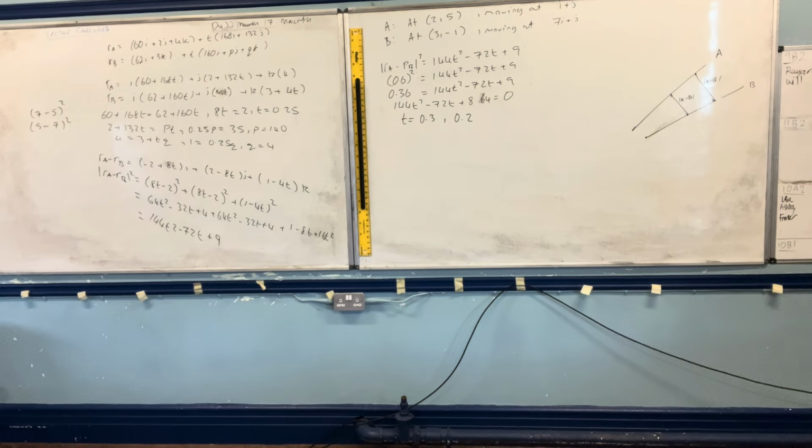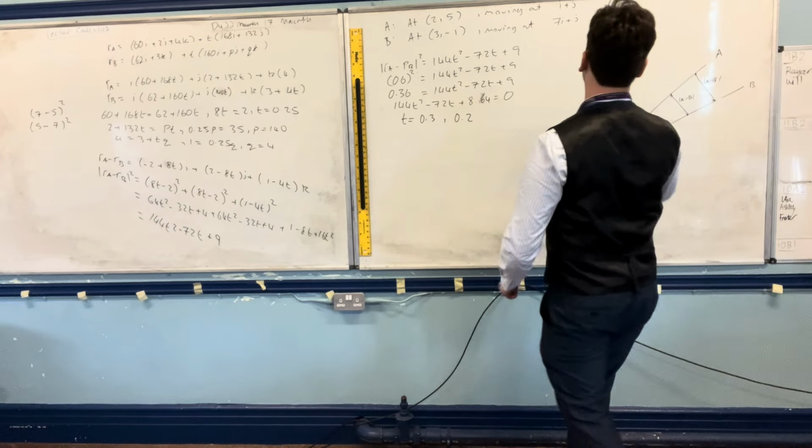Right, so we have to reject one of these answers. Which one are we rejecting? The alarm goes off when they're within 600 meters of each other. So which one, based on what we did before, do we actually have to reject? So here's what's happening.